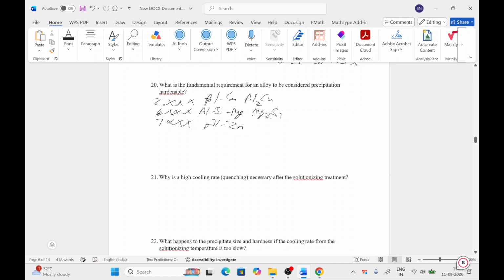For precipitation to happen, we need lower solubility at low temperature and high solubility at high temperature. Means the solubility in aluminium should decrease with decrease in temperature.